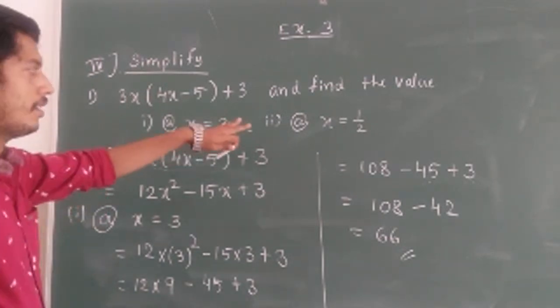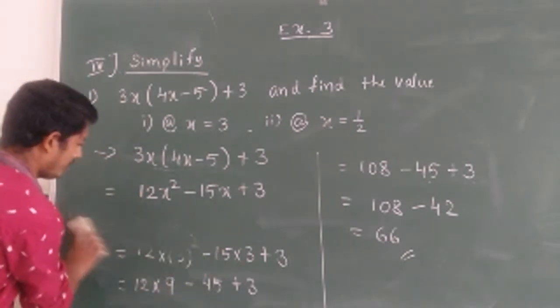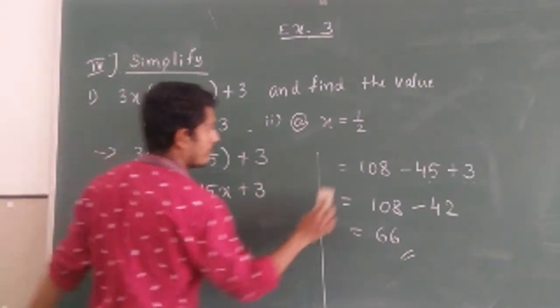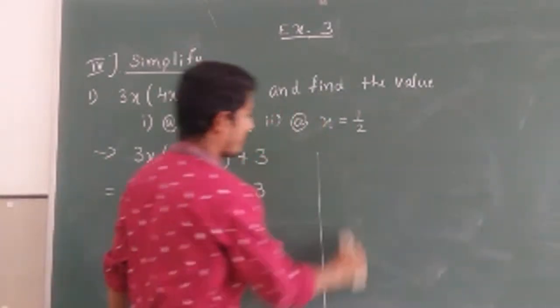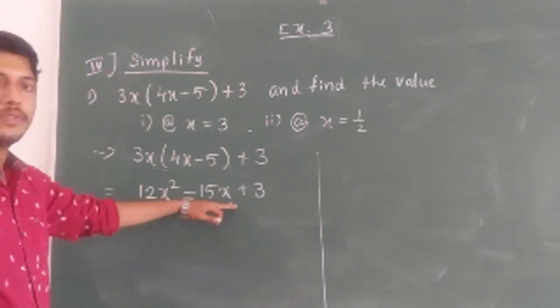Then next step, I'll consider x equals 1 by 2. Again the same expression, 12x square minus 15x plus 3.